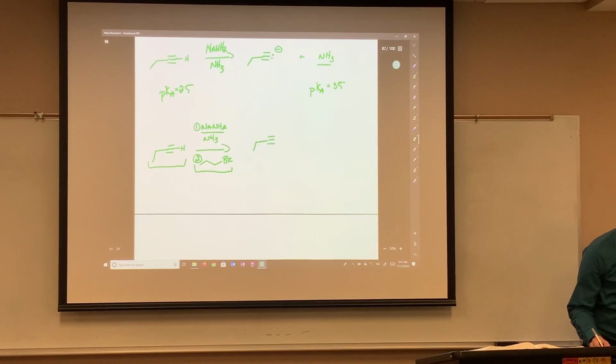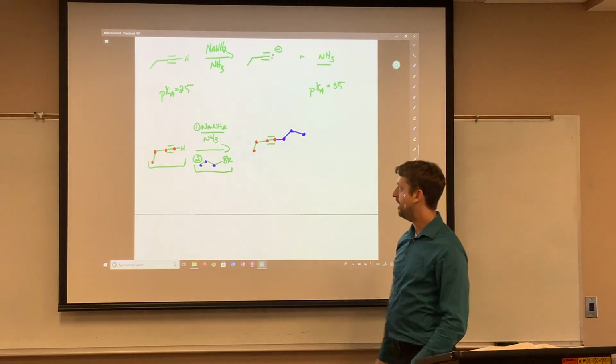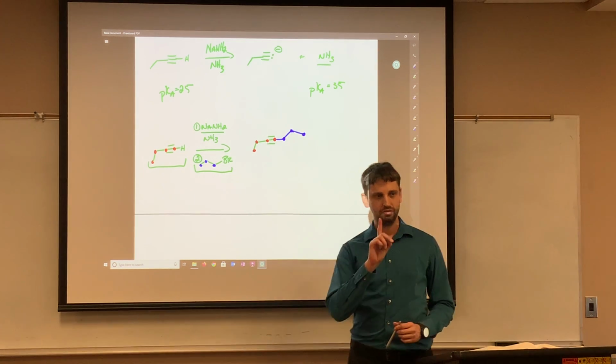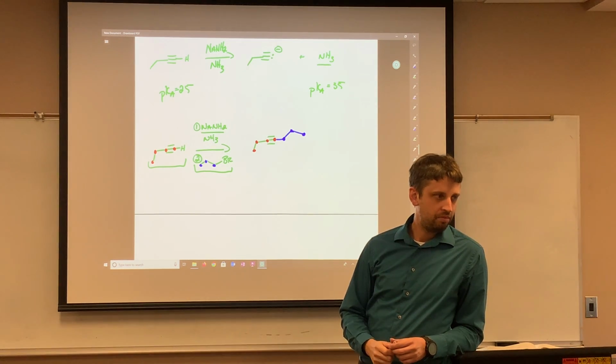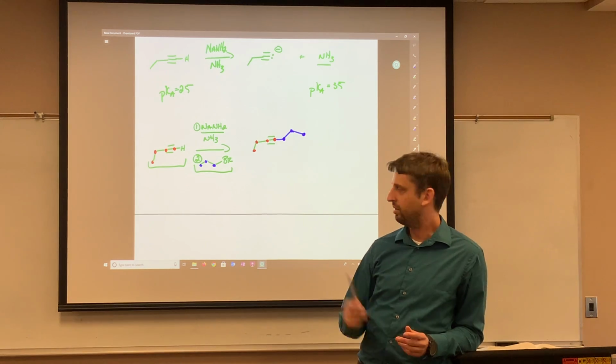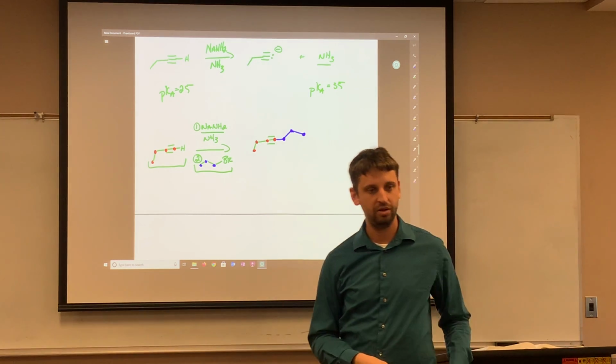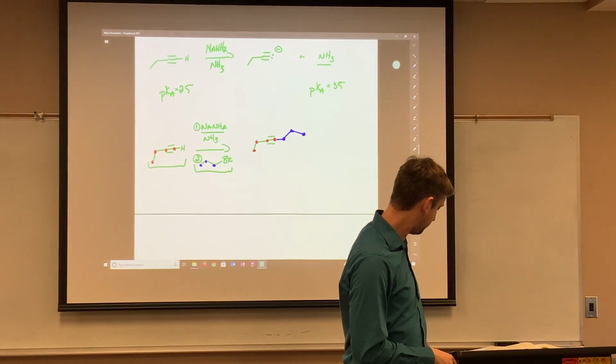So there's our alkyne. 1, 2, 3 carbons here, 1, 2, 3 carbons there, right? 1, 2, 3, 4, 1, 2, 3, 4. Guys got it? So, before I get to my main point with this, go through and draw me the mechanism for these two, both these steps.